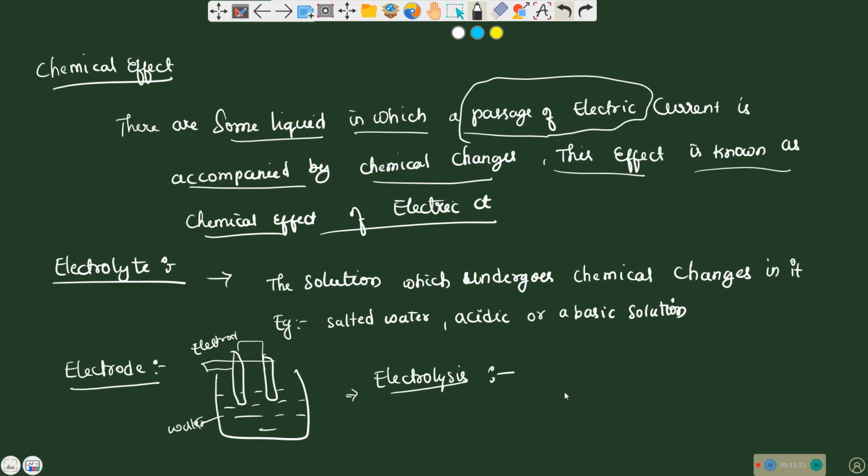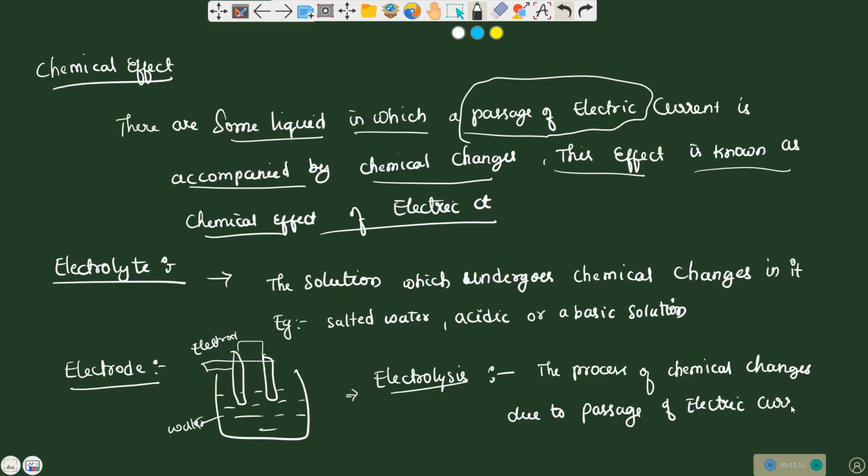The process of chemical change due to passage of electric current through a liquid or a solution is called what? Electrolysis. Remember this.